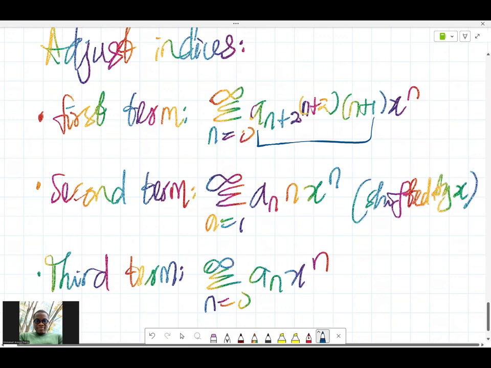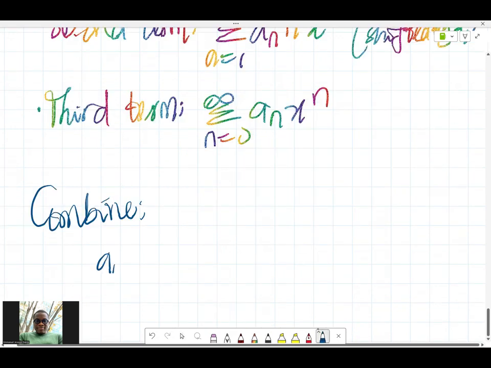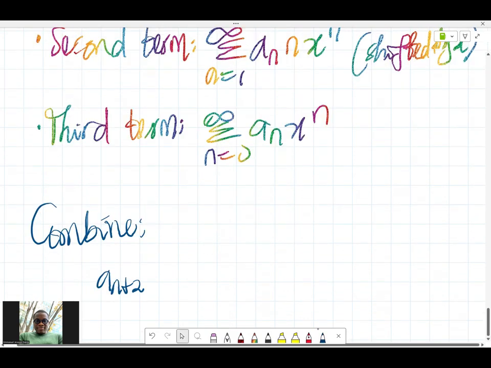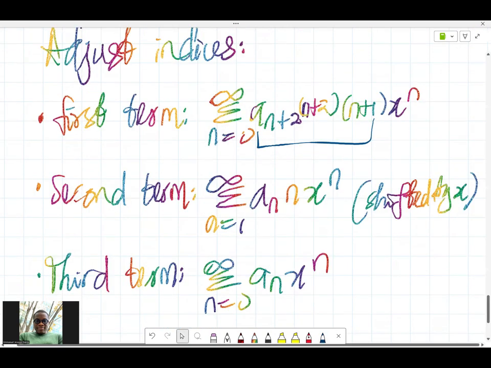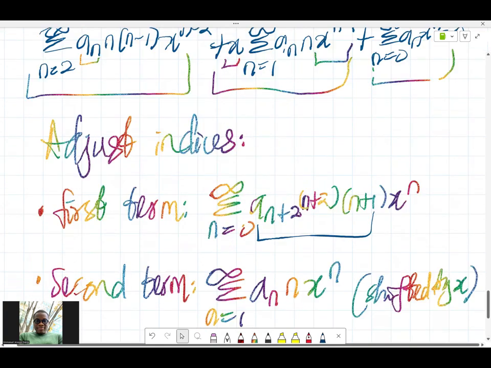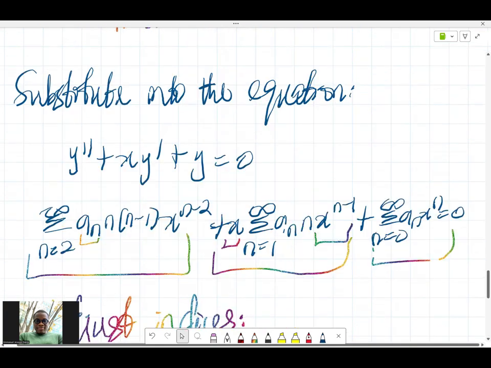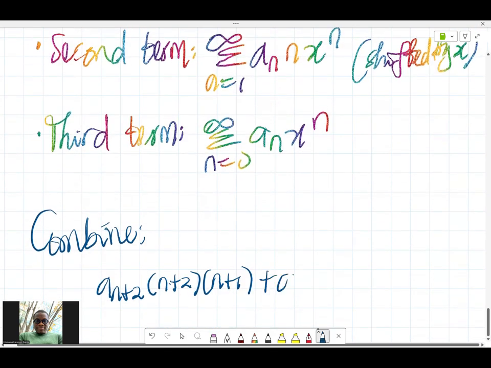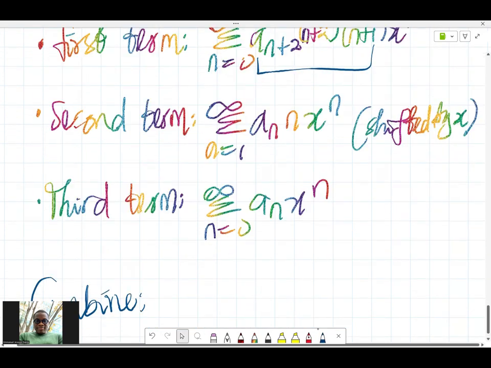So this is a n plus 2 here, right? So we have a n plus 2 into n plus 2 into n plus 1. Okay, that's for this first one. And from that now, everything is plus, right? So the next thing is to have plus a n. This a n here. We also have this one.